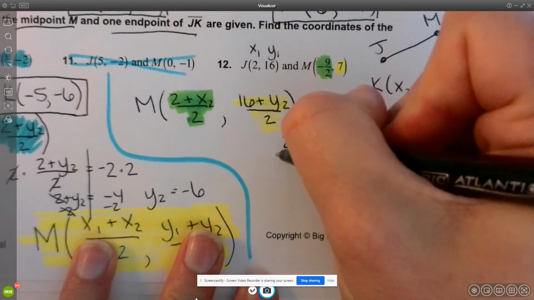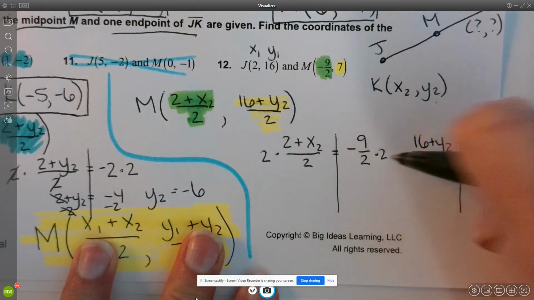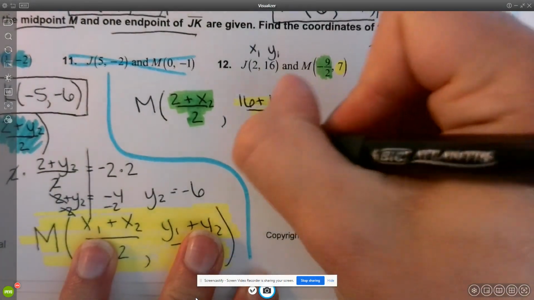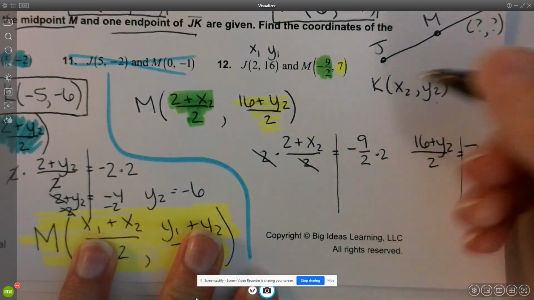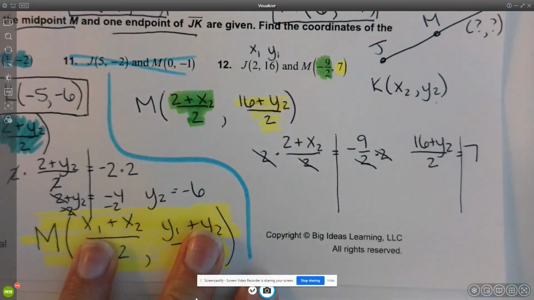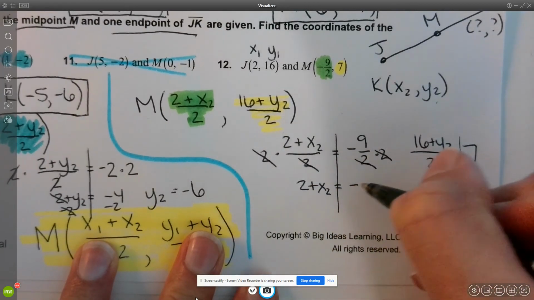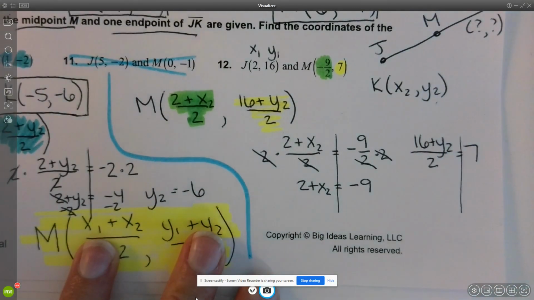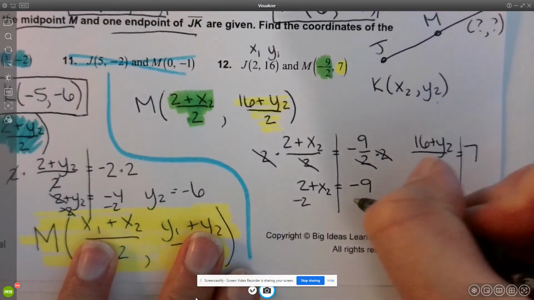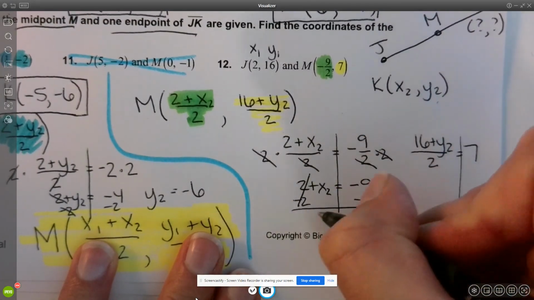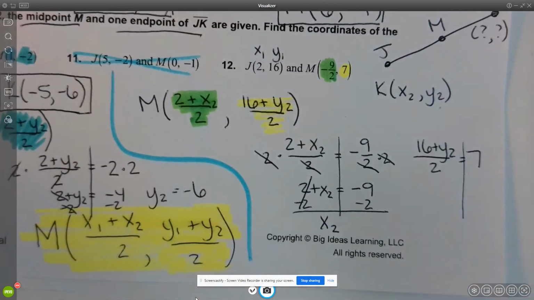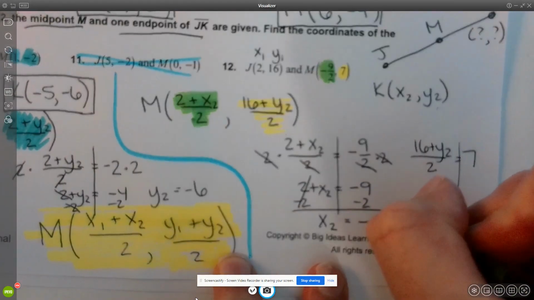I need to multiply by 2 on both sides to get rid of the denominator 2. That cancels. And then subtract 2 on both sides. This tells me that the x-coordinate of my other endpoint K is equal to -11.